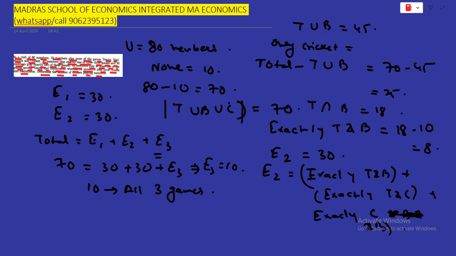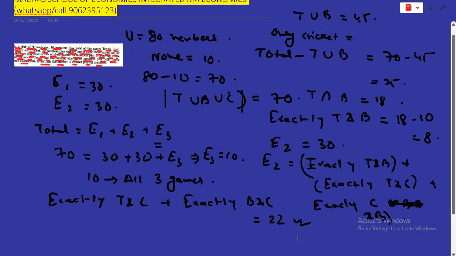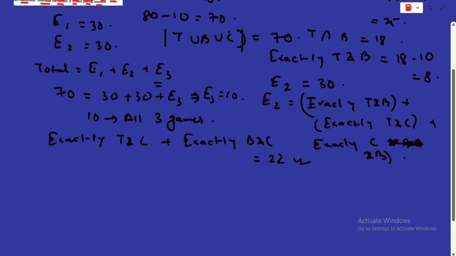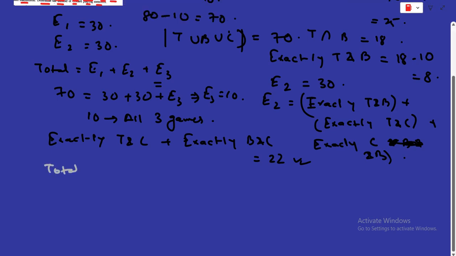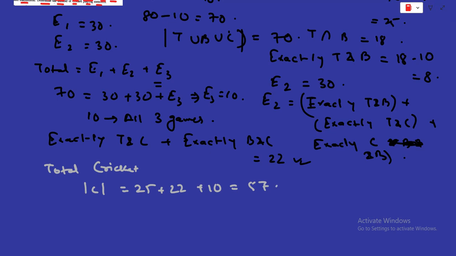So exactly T and C and exactly B and C is 22. Now look at what makes up the cricket team. Total cricket is 25 plus 22 plus 10, that is 57.